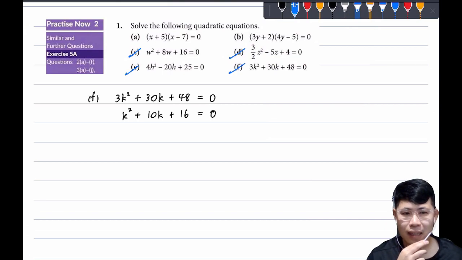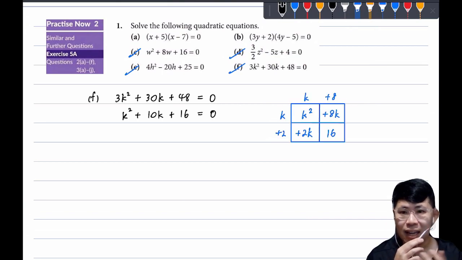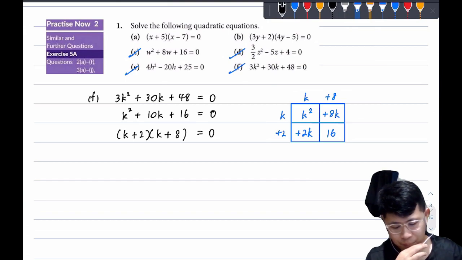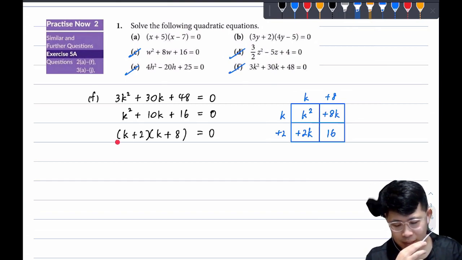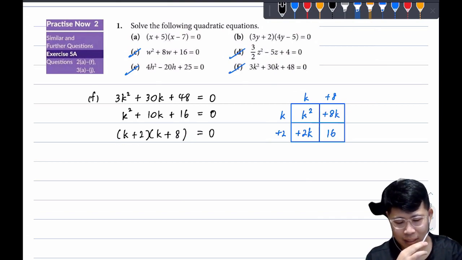Okay, so then let us factorize this. You would be getting this as your factorization box, and over here we have a k. We can write k plus 2 and k plus 8 as our factors. So now we have factorized already. Either the first factor or the second factor equals 0.